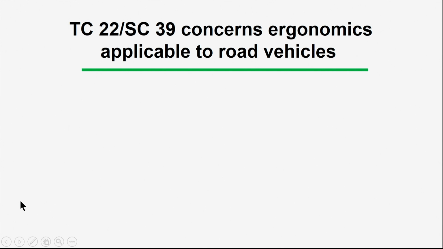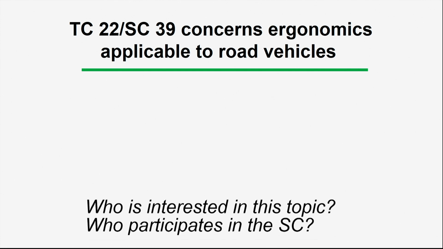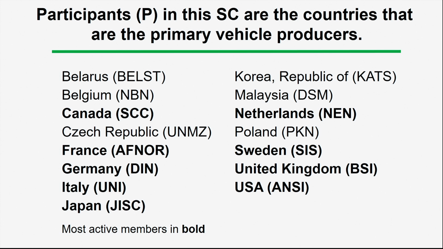So, Technical Committee 22, Subcommittee 39 is ergonomics. What do they do? So, again, as you can participate in a technical committee, you also have people who can be P and O, meaning participant and observers, in subcommittees. So these are really the primary vehicle producers, and the ones that are in bold are the ones that are sort of contributing the most to Subcommittee 39.